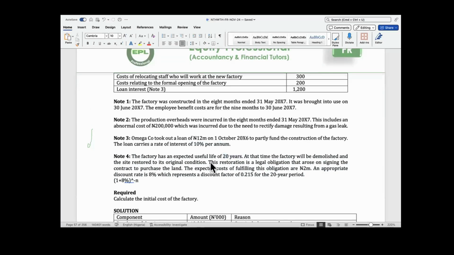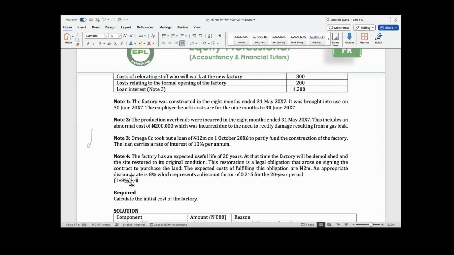This restoration is a legal obligation that arose on signing the contract to purchase this land. The expected cost of fulfilling this obligation is 2 million. An appropriate discount rate is 8%, which represents a discount factor of 0.215 for 20 years.